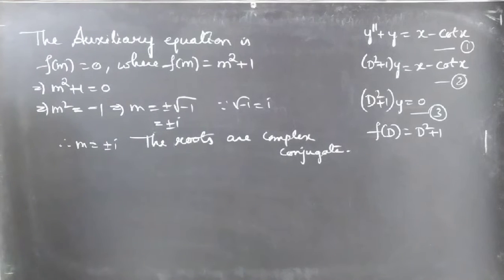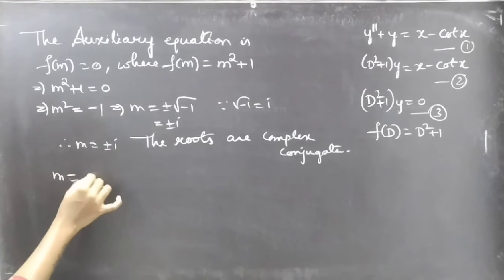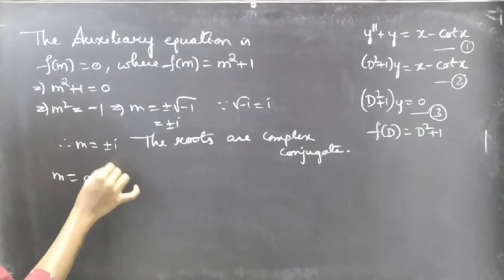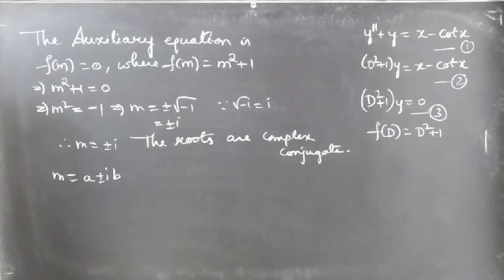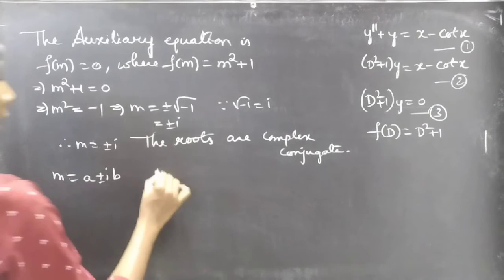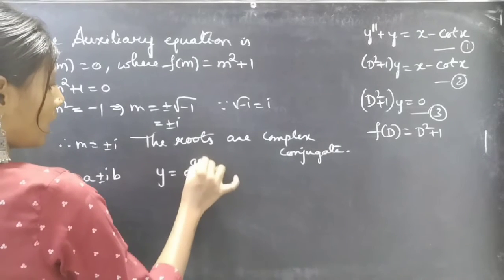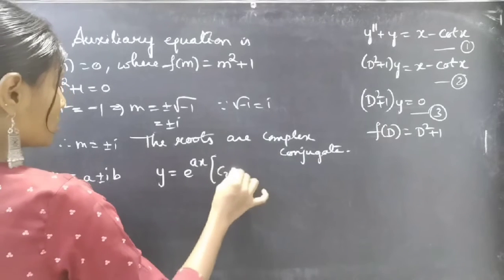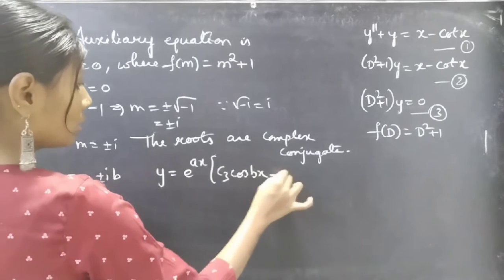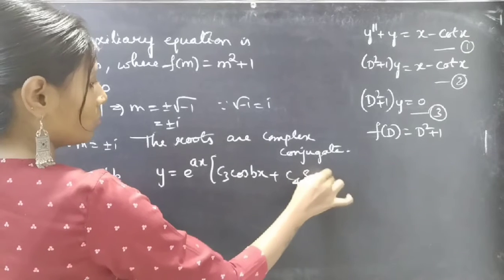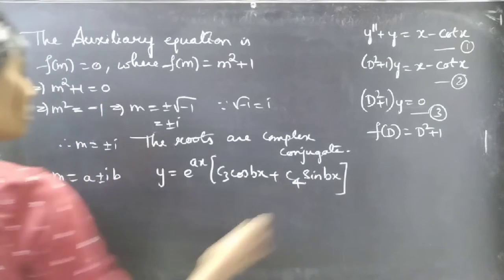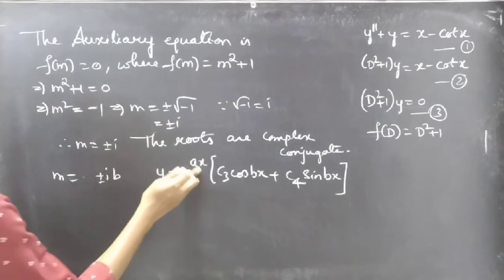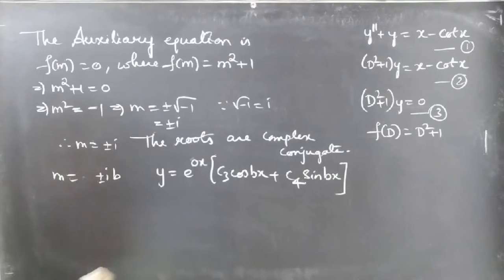We know that when m equal to a plus or minus ib, a pair of complex conjugate roots, then the solution to the homogeneous equation looks like y equal to e power ax into one constant into cos bx plus another constant into sin bx, right? In case a is 0, we'll get e power 0 into x, which is e power 0.